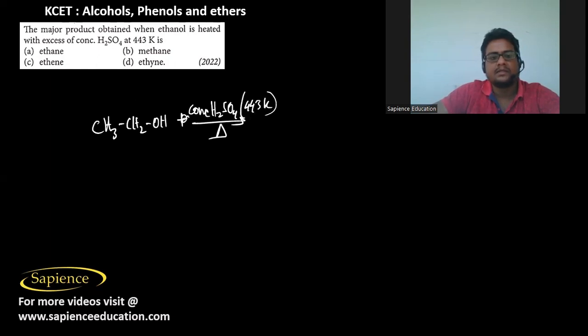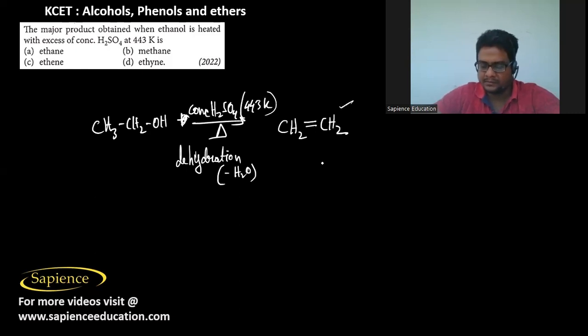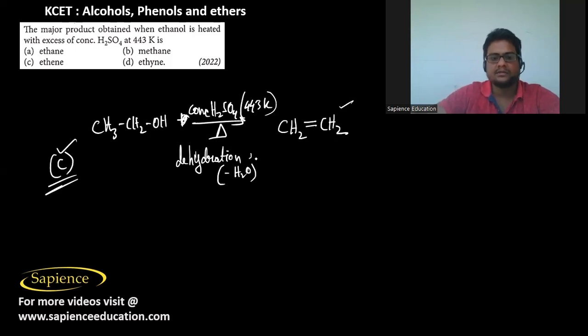So here there will be a dehydration reaction. H2O will be removed and it will form an alkene, which is ethene. Ethene will be formed. So option C is the correct answer. It is a dehydration reaction.